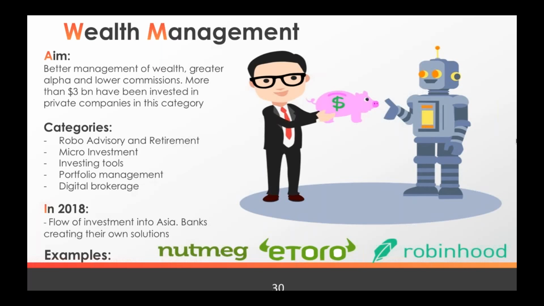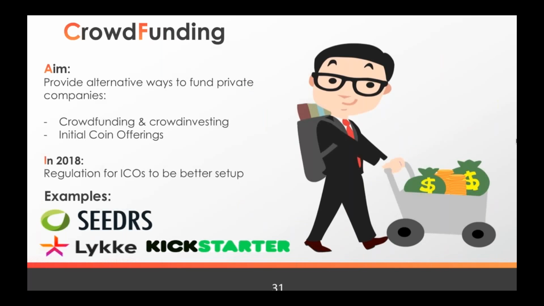And then finally, this is my last category, crowdfunding. And this is about how do you raise money? Quite a big thing for many companies. And what fintech brings is crowdfunding and crowd investing websites. The most popular website is called Kickstarter.